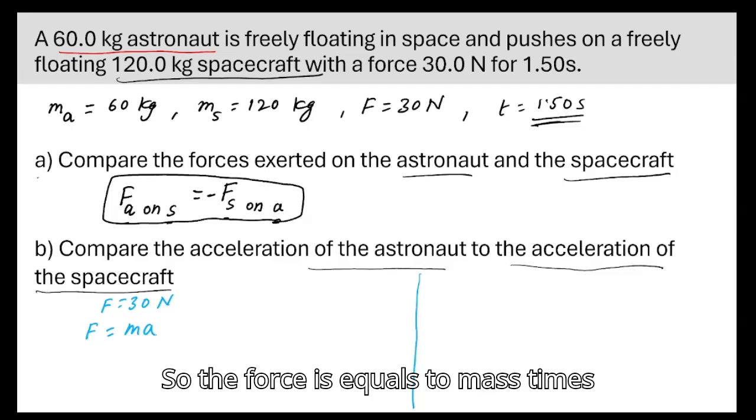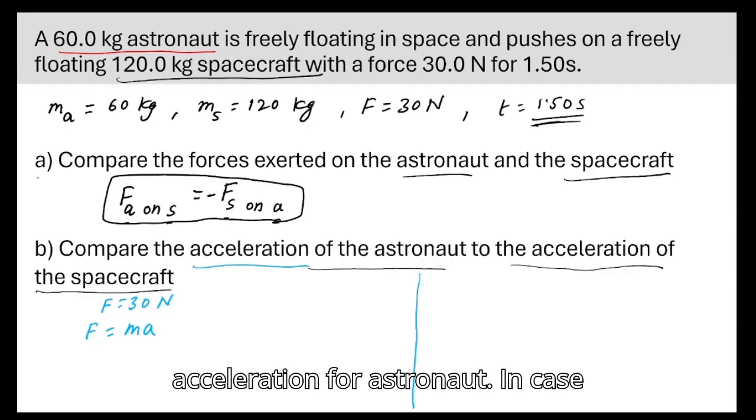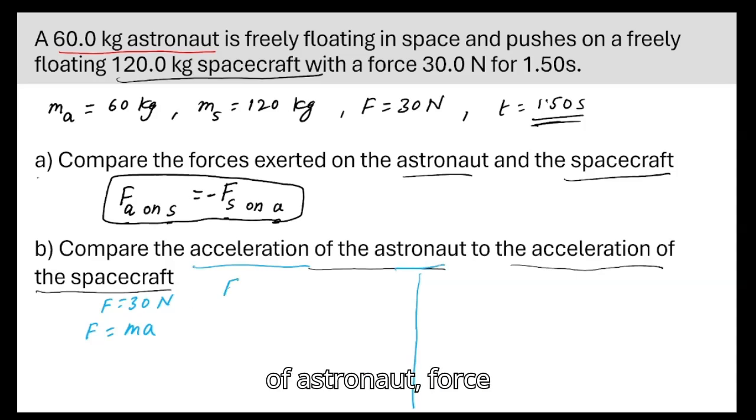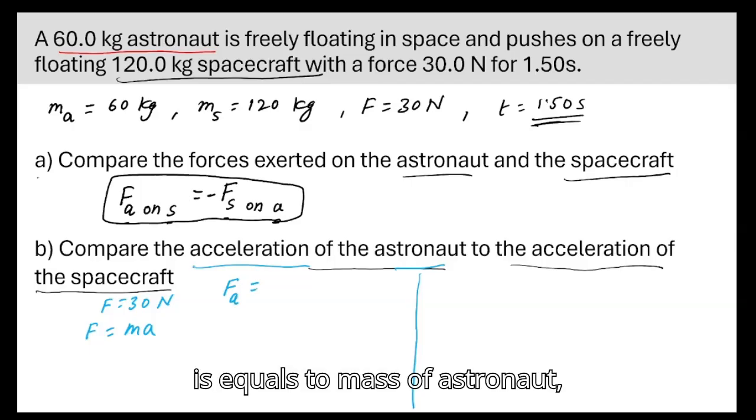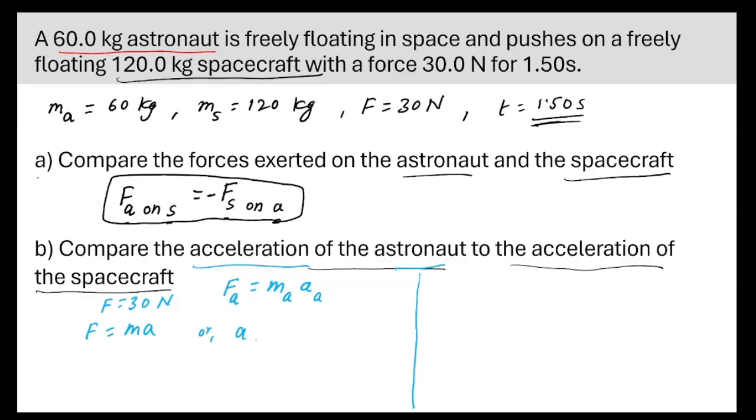So the force is equal to mass times acceleration, and we need to calculate acceleration for astronaut. In case of astronaut, force is equal to mass of astronaut times acceleration of astronaut, and we can isolate this acceleration.